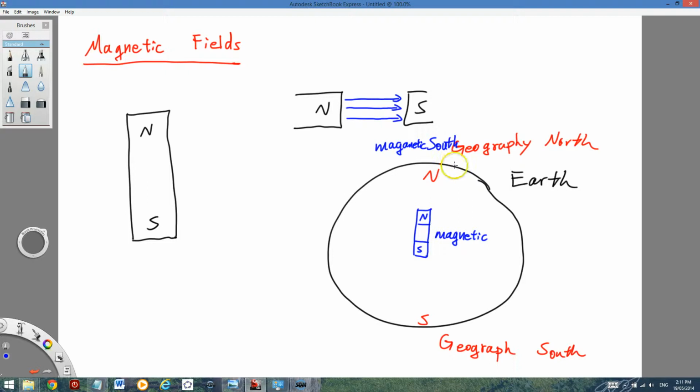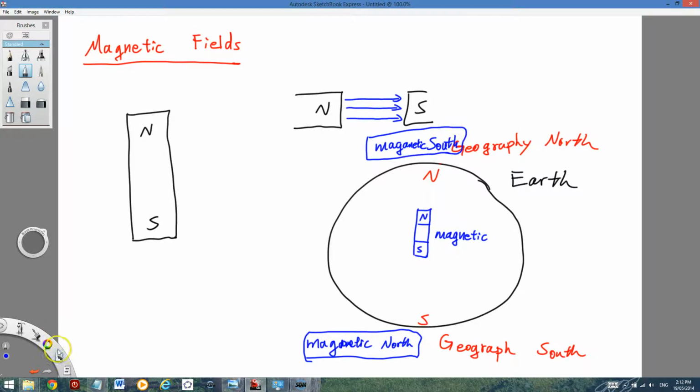So our north pole is our magnetic south pole, and our south pole is a magnetic north pole. Right, magnetic north. So be aware of this. I don't want you guys to be confused when you're doing those questions.